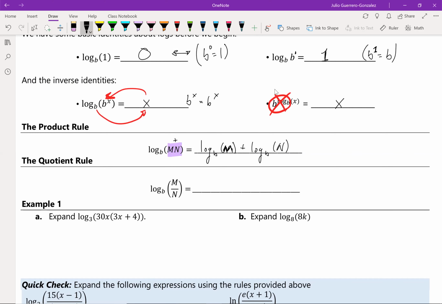This one is closely related to if you have a to the b times a to the c, that is equal to a to the b plus c. So you have the exponents with the same base, you can just add the exponents.